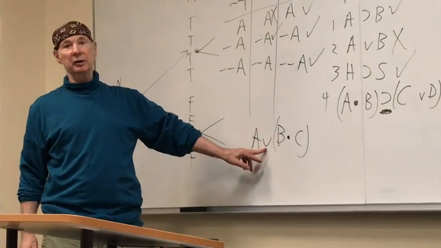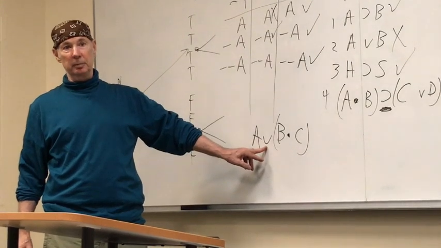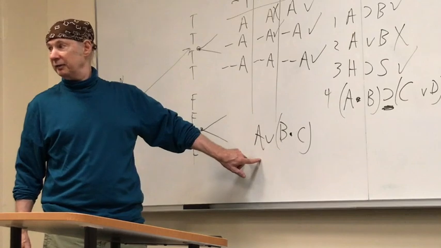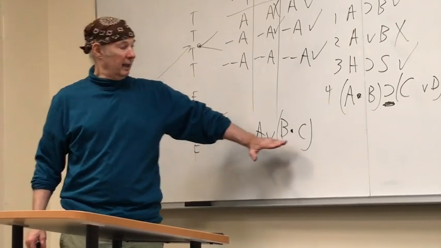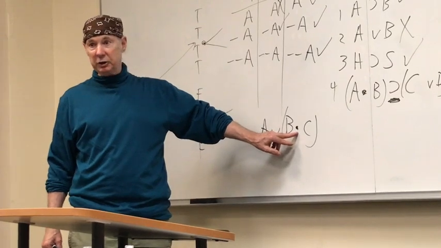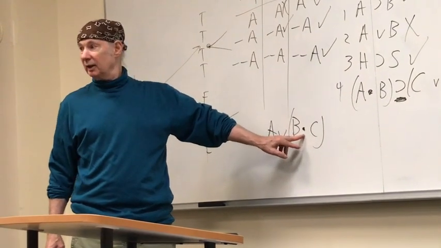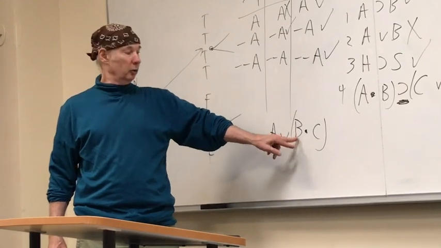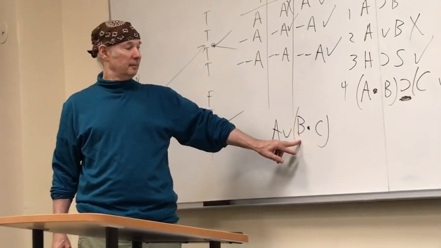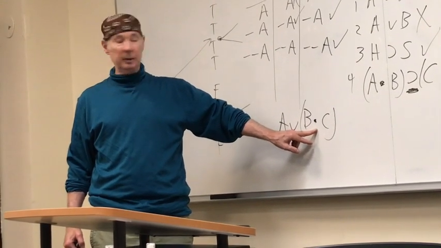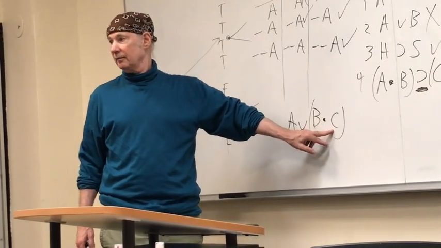So when you are the truth function of largest scope, and you have something on your left and something on the right, everything to the left of you is in your scope, and everything to the right of you is in your scope. For the dot, that is not true. Everything to the left of the dot is not in the scope of the dot, only the B. And everything to the right of the dot is not in the scope, only the C.